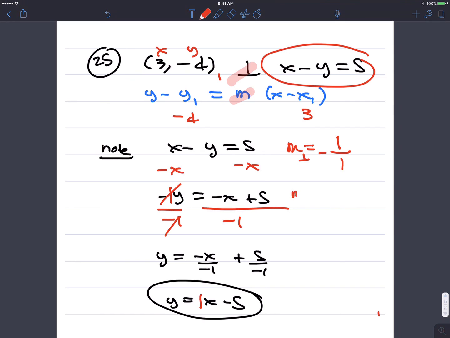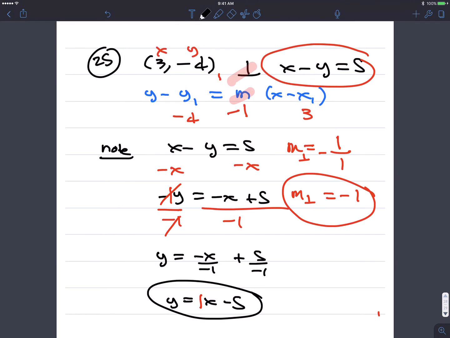So notice that this slope that we're looking for is actually negative 1. Because the reciprocal of 1 is 1. The opposite of a positive 1 is a negative 1. This is the slope I use. This is my m value. M is negative 1.